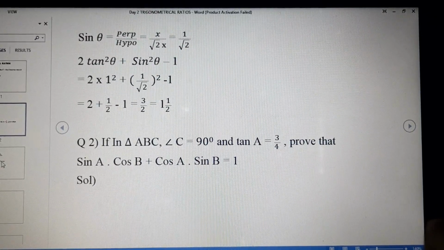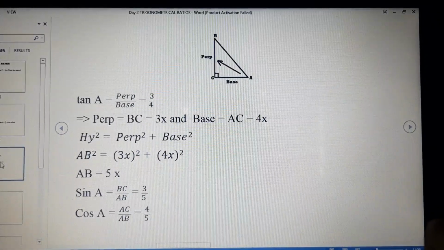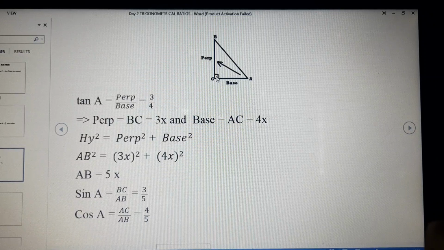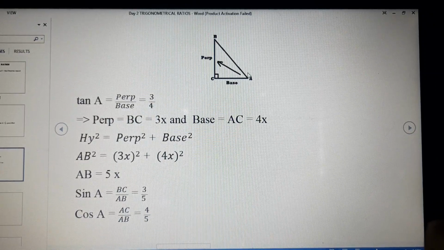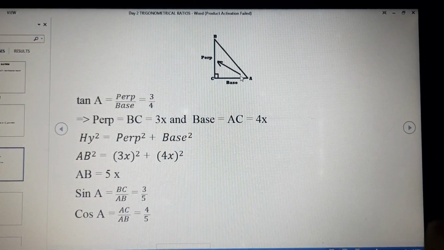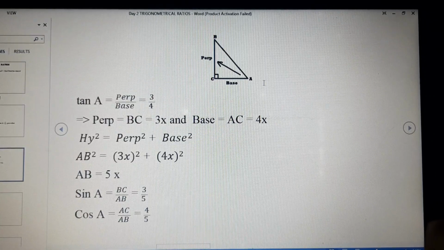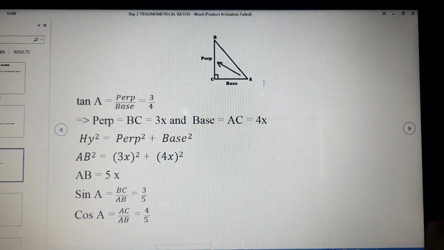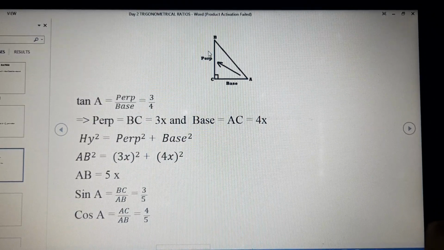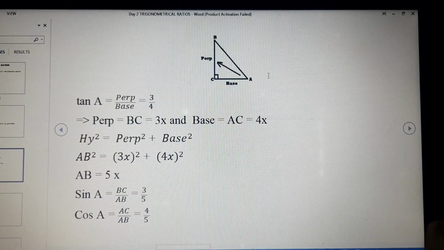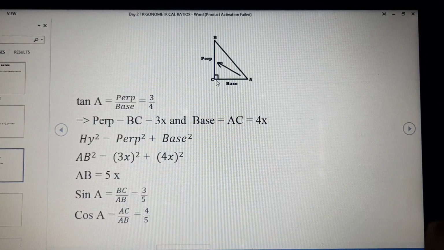So what we'll do, we'll first of all draw a right angle triangle ABC, in which angle C is 90 degrees. If I take angle A, opposite to angle A, BC will become the perpendicular and AC becomes the base, but the entire thing will change if we take angle B. If we calculate sin B, then according to angle B, AC will be perpendicular and BC will become base.